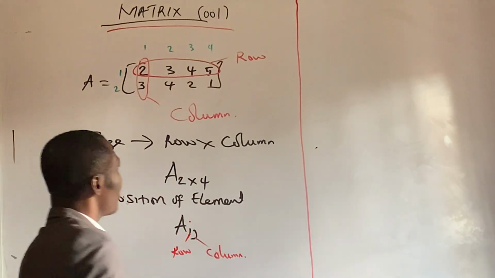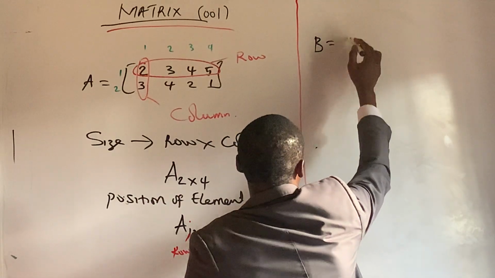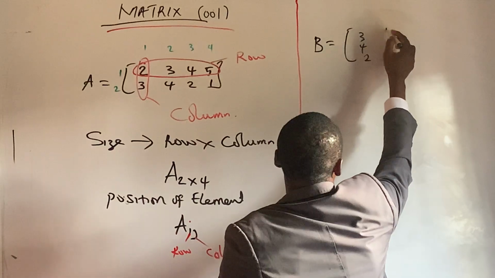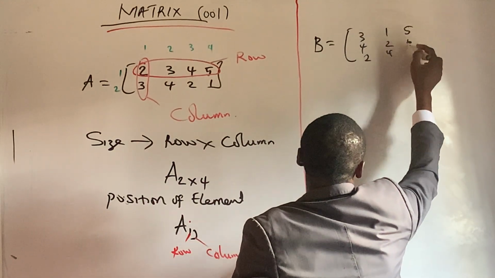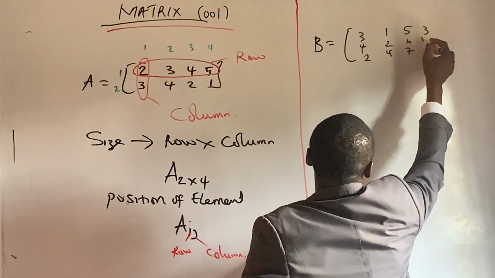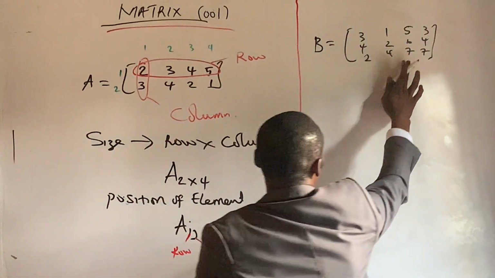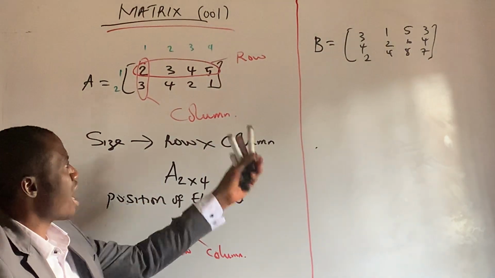All right, now let's say we have a matrix, matrix B. And matrix B has 3, 4, 2, 1, 2, 4, 5, 6, 7, 3, 4, 7. Let's turn this to 8. All right, matrix B has this.